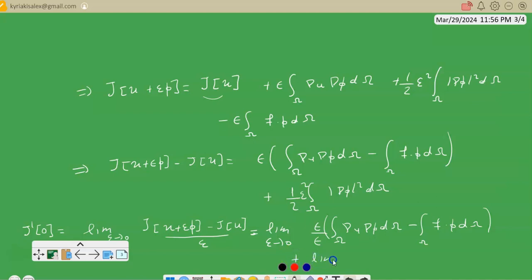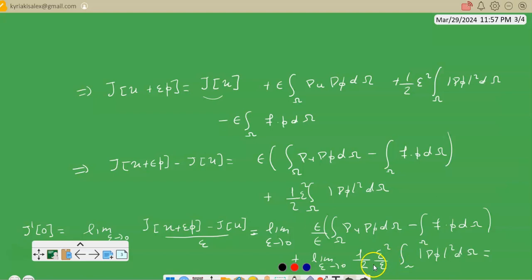Plus the limit of epsilon going to 0. I can write the limit as the sum of two limits. 1 divided by 2 epsilon squared over epsilon integral over omega grad phi squared d omega.